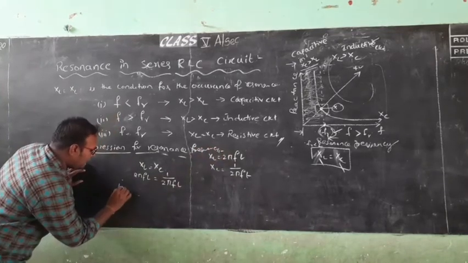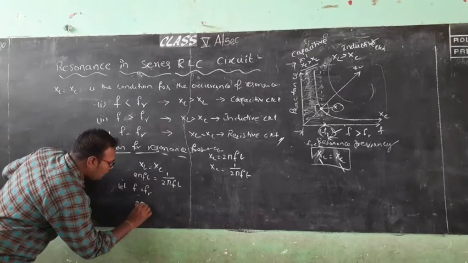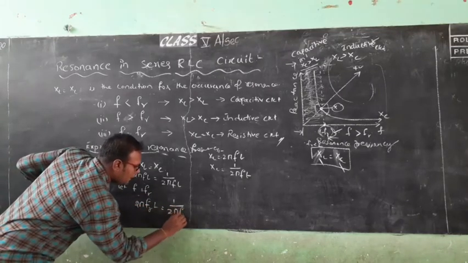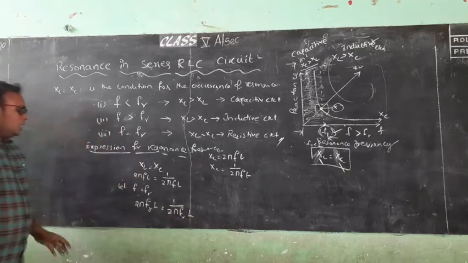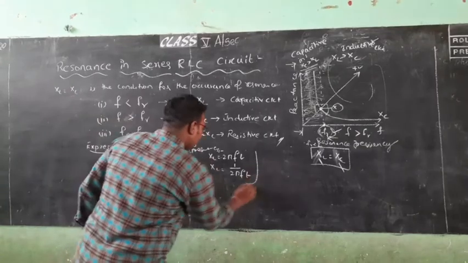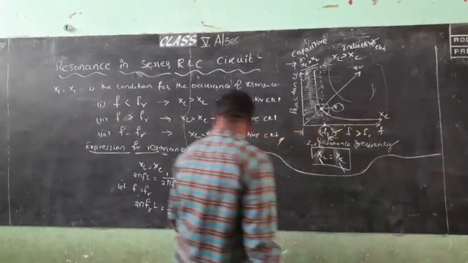Applying F equals Fr, 2 pi Fr L is equal to 1 by 2 pi Fr C. So write the expression for Fr.